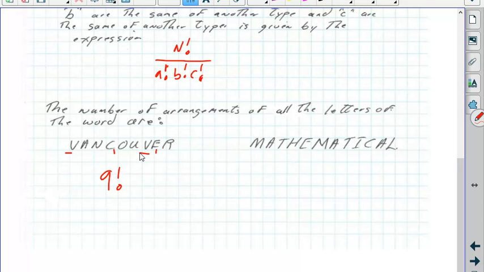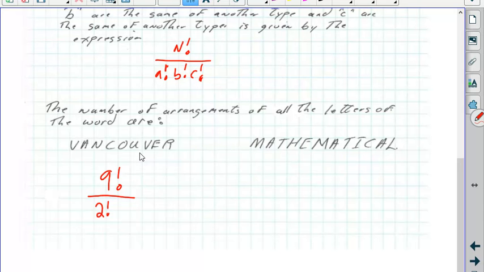If I had put V1, V2, there would be 9 factorial ways. Obviously, they're not different. So, as he said, I can take this V and swap them, but they still spell Vancouver, they're still distinct. So that's where that 2 factorial comes from. And I don't really care what that number is.